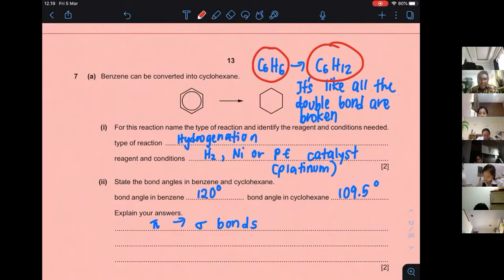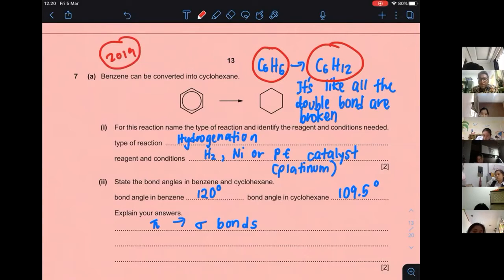They are asking us to name the reaction and identify the reagent and conditions needed. Even though we don't learn about this, you need to know that if there are double bonds that are proven not to be double bonds, there are possibilities. I don't think it was covered in the textbook, but since this is a 2019 paper, please take note.